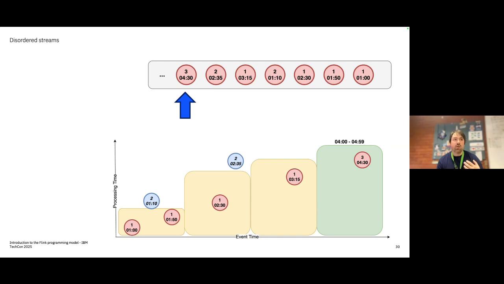And so where we have disorder in the streams and events arrive late, when you're writing applications that involve timely processing, late events that legitimately have been produced can end up being discarded from the events that you will then be emitting as part of that flow.